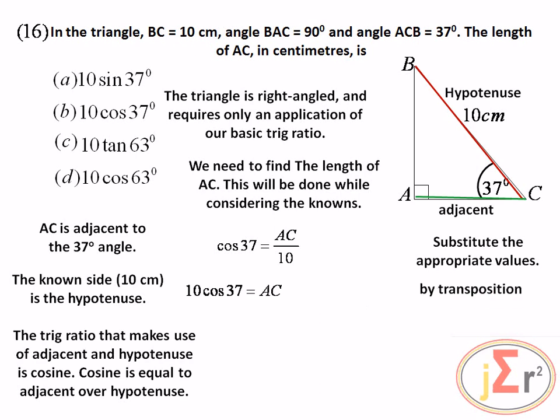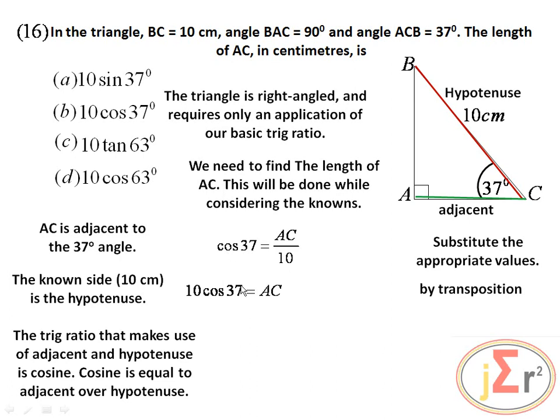By transposition, this is what we get. We have cos 37 is equal to AC over 10. Multiplying both sides by 10 in order to get rid of the 10 that we are dividing by on the right hand side, 10 will be eliminated from this side, and we'll have 10 being multiplied on the left hand side.